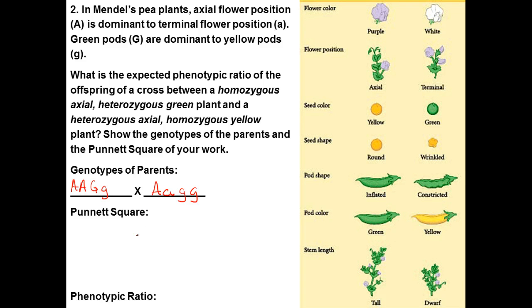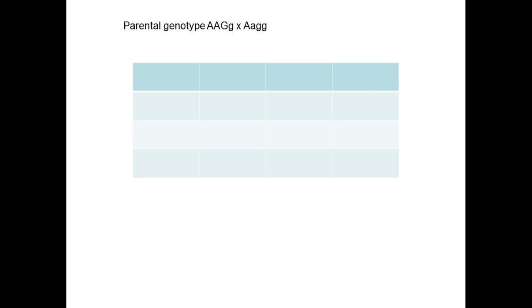So what would be our possible offspring? So basically what you're going to do is first take one parent and write all the possible gametes, and then the second parent, the possible gametes, and put it into a 16-box Punnett Square and figure out the phenotypic ratio. Okay, so to set up the Punnett Square with these parental genotypes, first let's figure out the gametes for each parent.